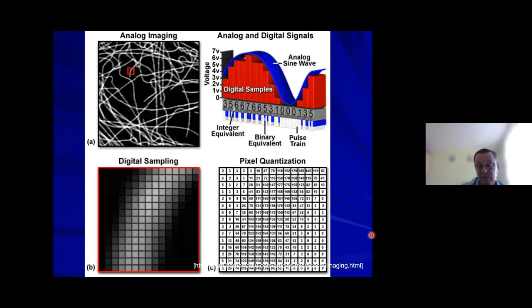The final outcome is a matrix, which in this case represents a grayscale image, and we have the intensity of gray in each cell, which reflects our analog image.